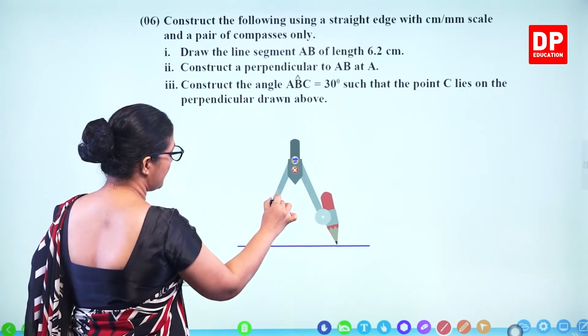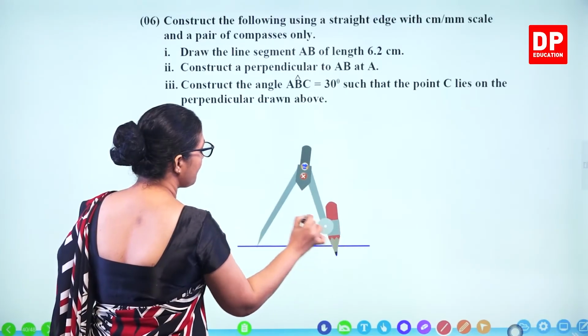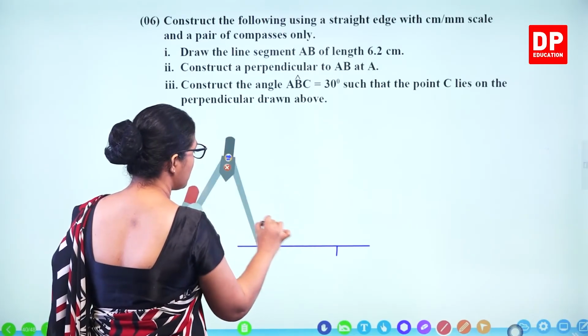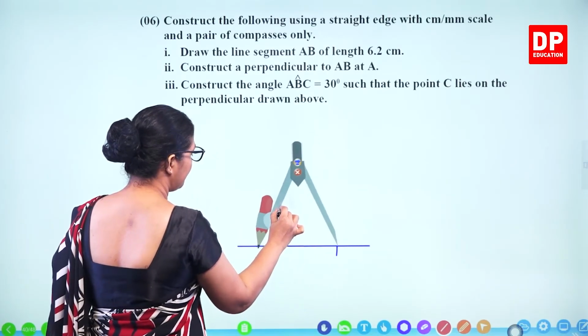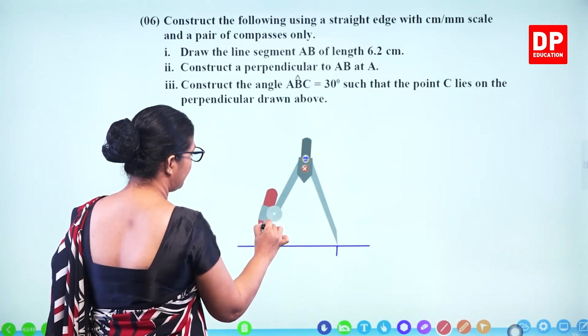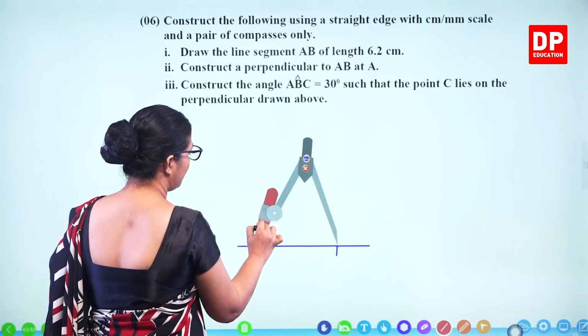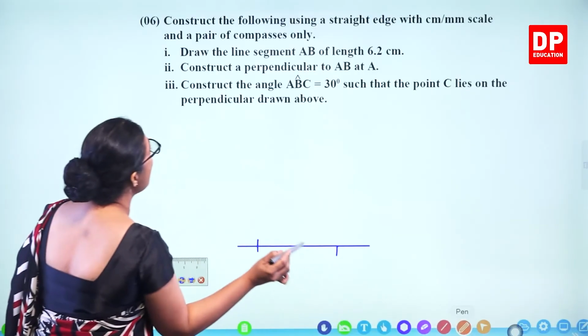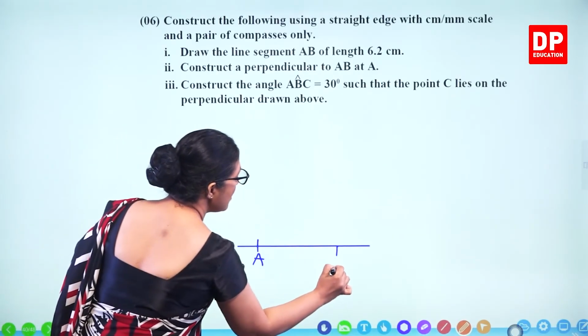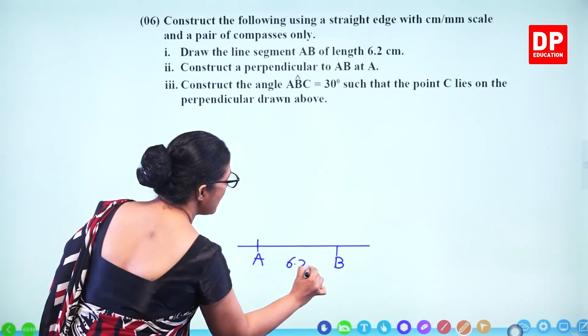We'll mark the length. And then you have to keep it on top of this point and mark the other point. So this length is AB, line segment, with 6.2 centimeters.